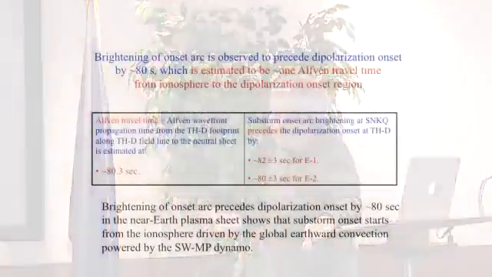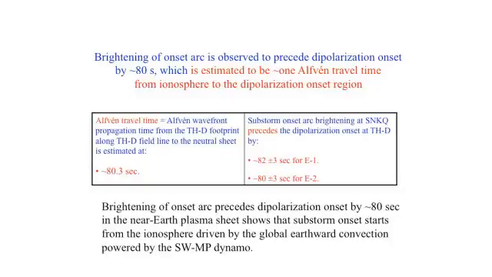Anyway, with all the detail, it turns out brightening of the onset arc precedes dipolarization onset by 80 seconds.